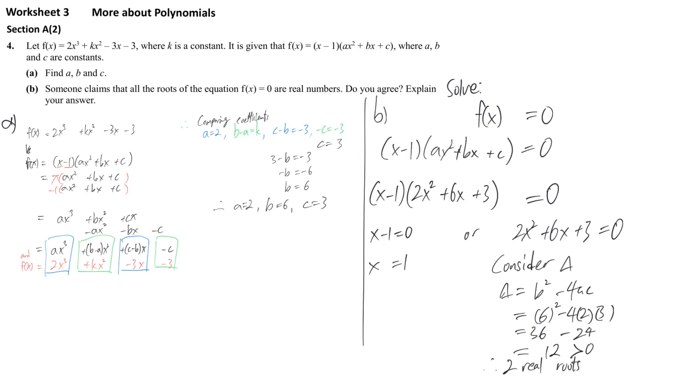The first solution is a real solution, and this part will give us 2 more real roots. So all the roots are real. Then we simply agree with the statement, since all 3 roots are real.